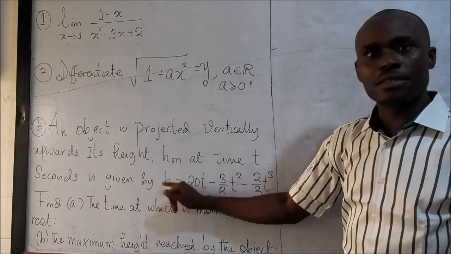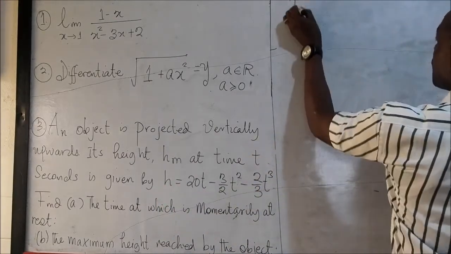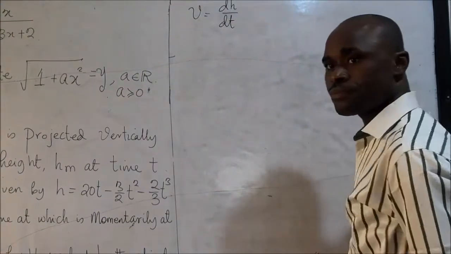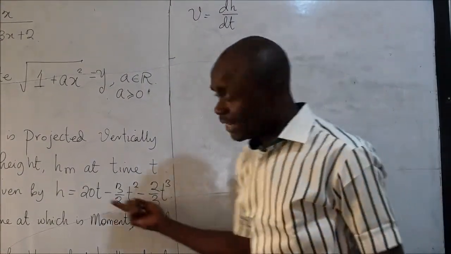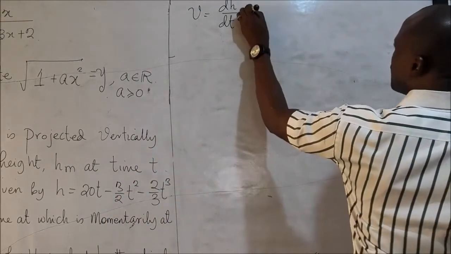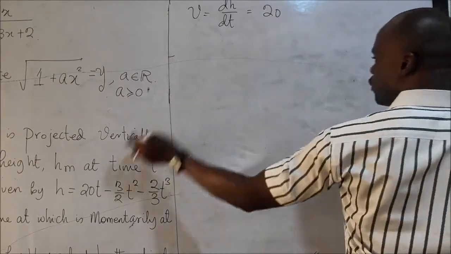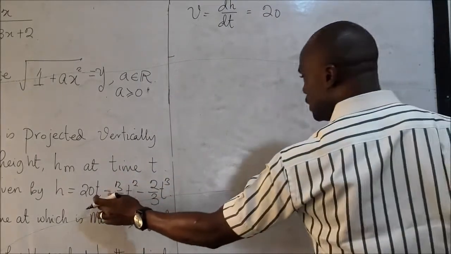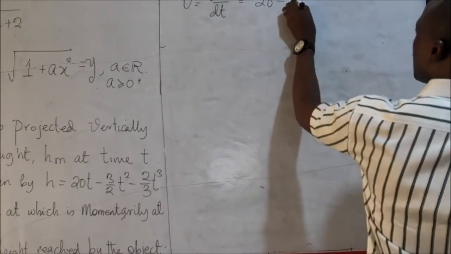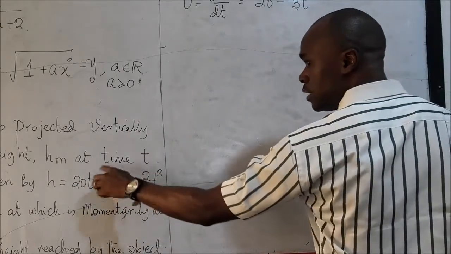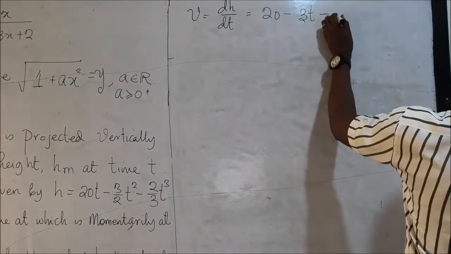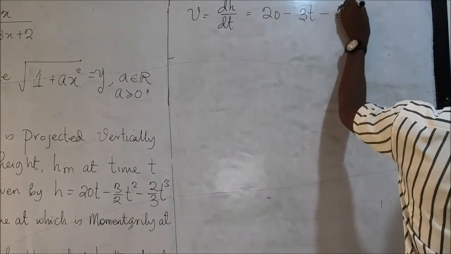So when you differentiate this, v is going to be equal to dh/dt, and that is the velocity. So if we differentiate this, it's going to give us 20 minus 3t minus 2t squared.